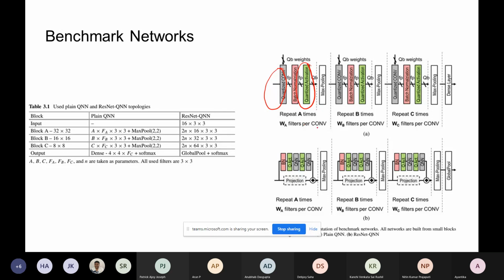Based on your filters, how many times you repeat this is changing. The main thing is that you are adding one extra hardware module, some circuit that is doing this quantization, and incorporating it along with your activation and your CNN module.